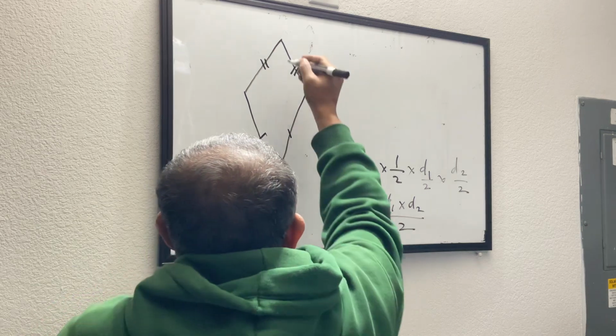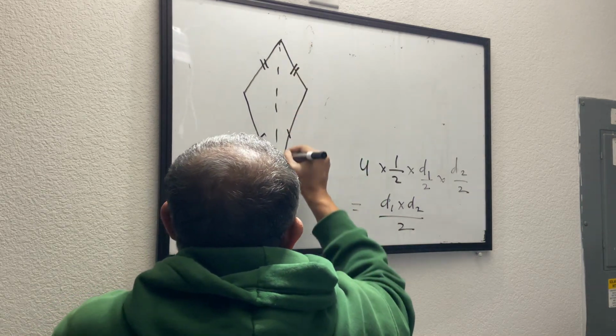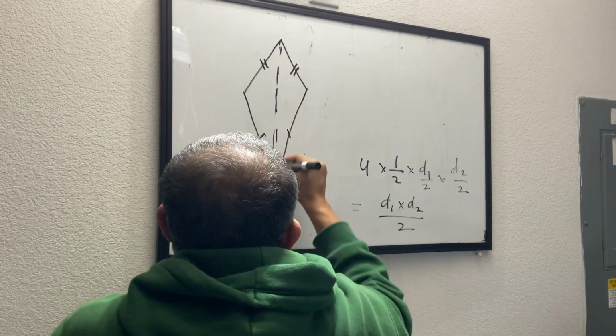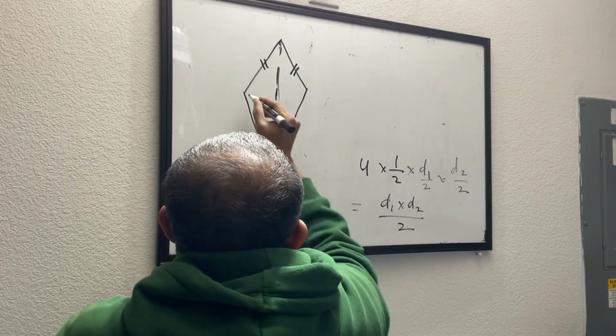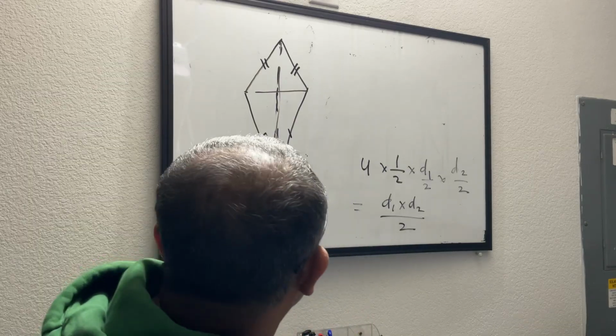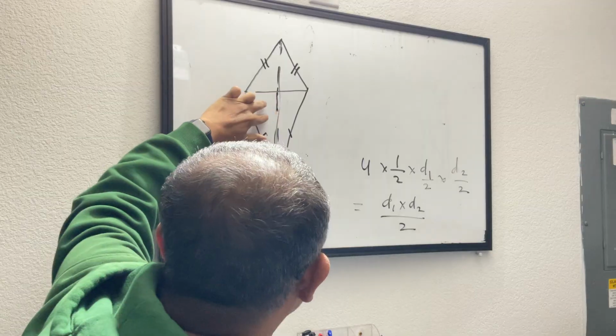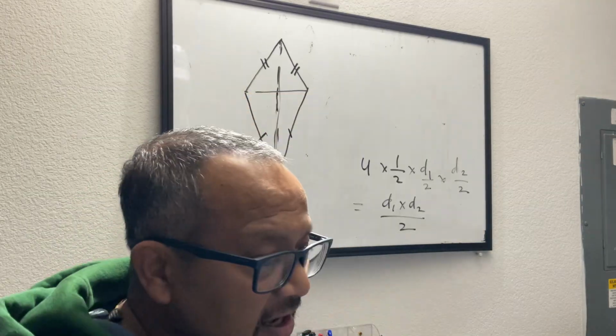Now, another property of the kite that you need to know is that it is symmetric. If you look at this diagonal, and join these 2 other corners, that is another diagonal, you will find that this triangle and this triangle are congruent, and this triangle and this triangle are congruent.